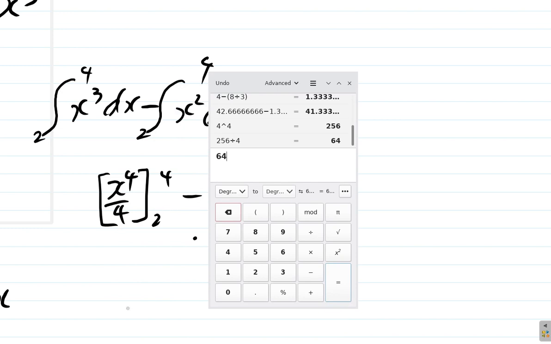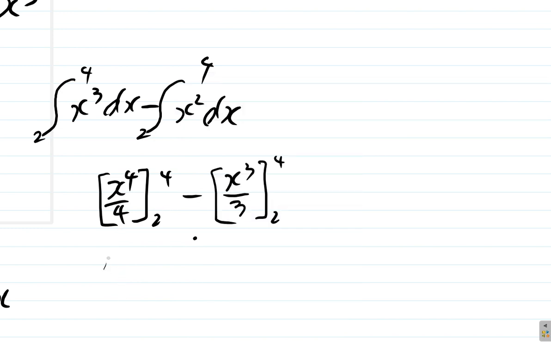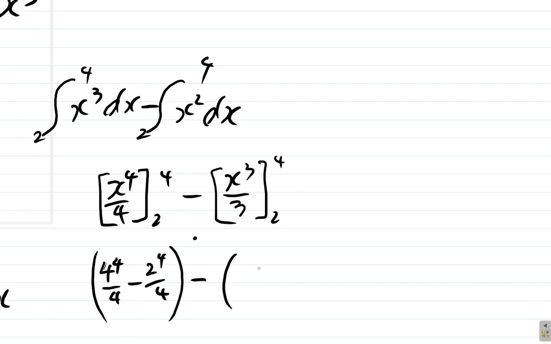So, let's not jump to that so fast. We have to substitute 4 for x first. So it's 4 to the 4 over 4 minus then 2 for x, 2 to the 4 over 4, minus, and this would be 4 to the 3 over 3 minus, then substitute 2, 2 to the power of 3 over 3.